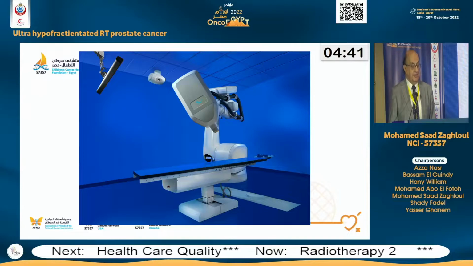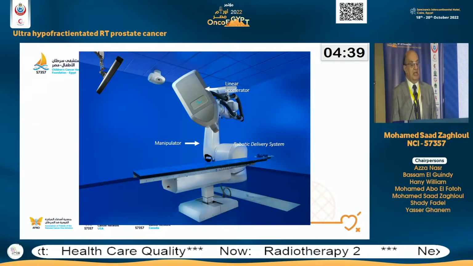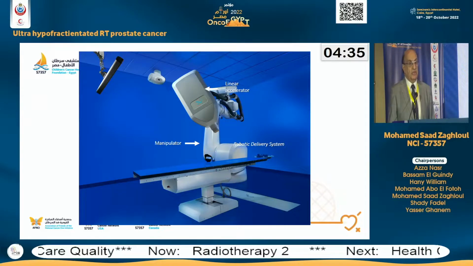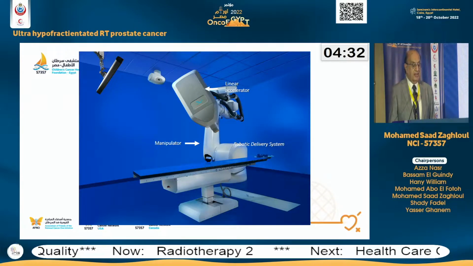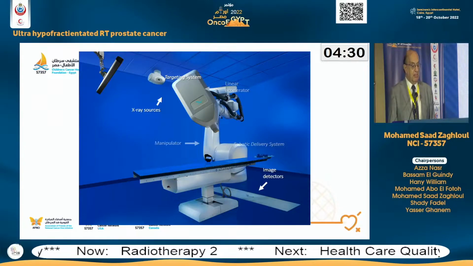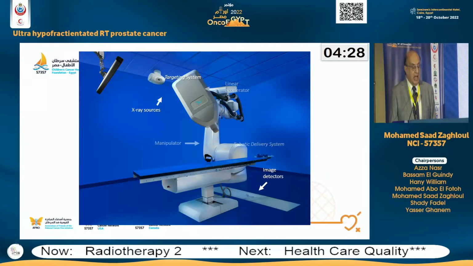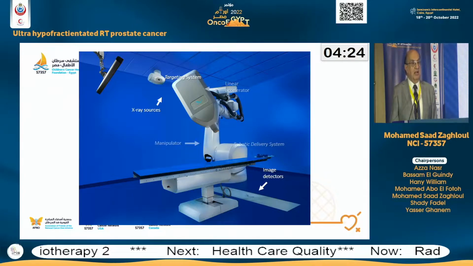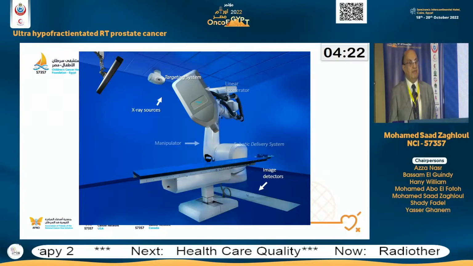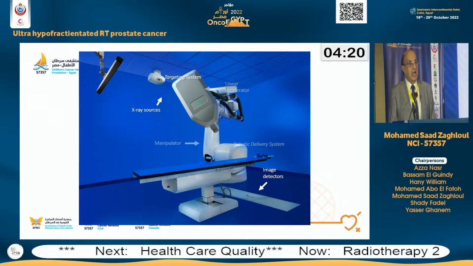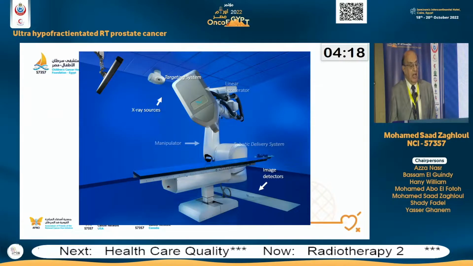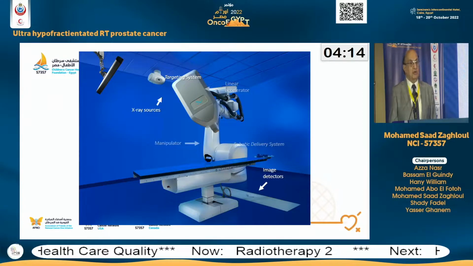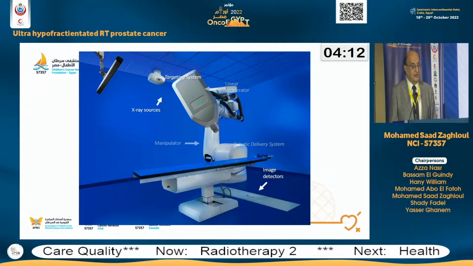This is the CyberKnife. The CyberKnife is a linear accelerator mounted on a robotic manipulator, and is guided by 2 orthogonal X-ray sources that take a picture every 5 to 150 seconds, and it modulates the position of the patient according to this and gives the treatment after that.